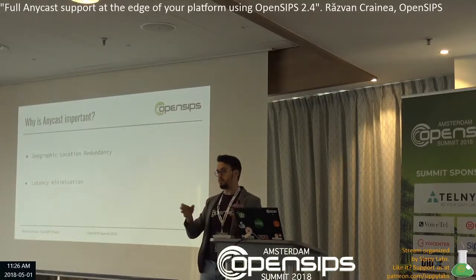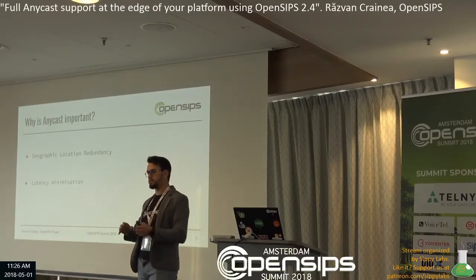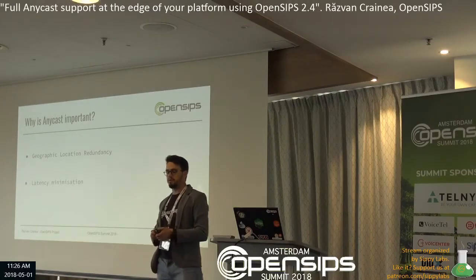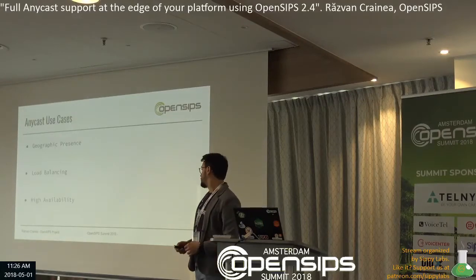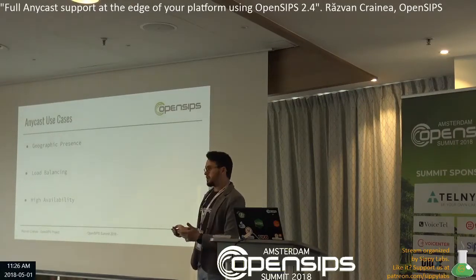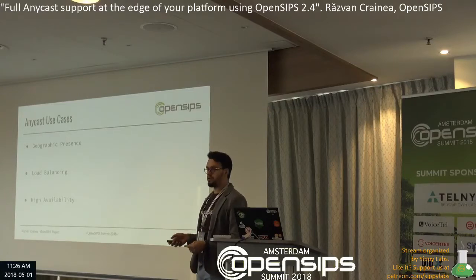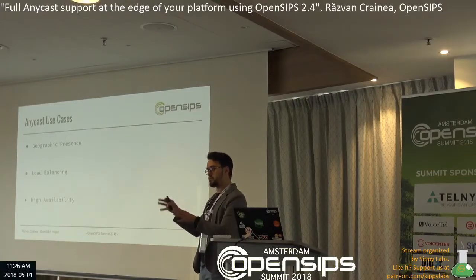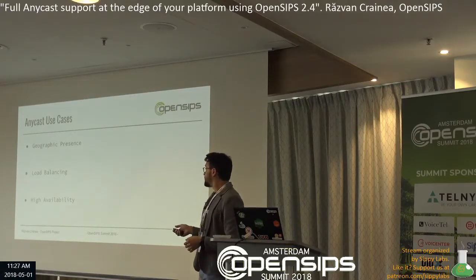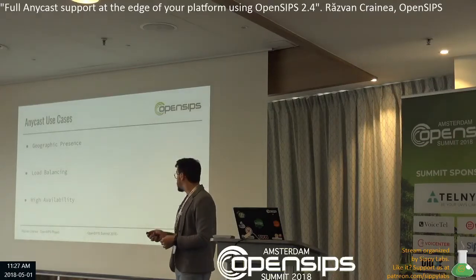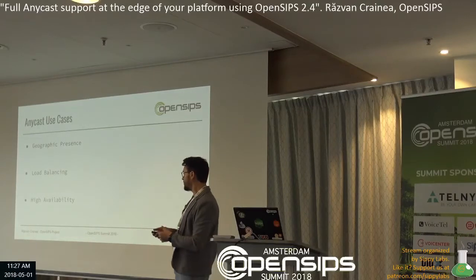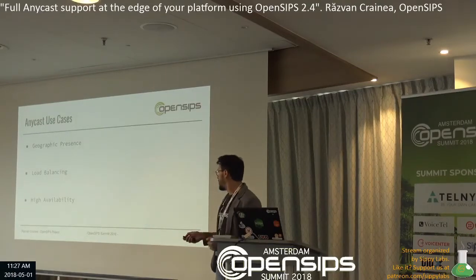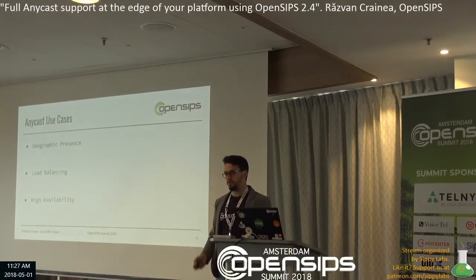The same server with the same IPs, the same setup, just put it over there, and you'll offer better quality for your platform. So basically, Anycast is used for ensuring geographic presence in different places. It's also primarily used for load balancing your setup, and can also be used for high availability.